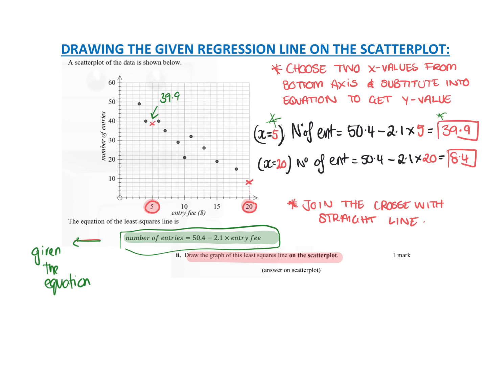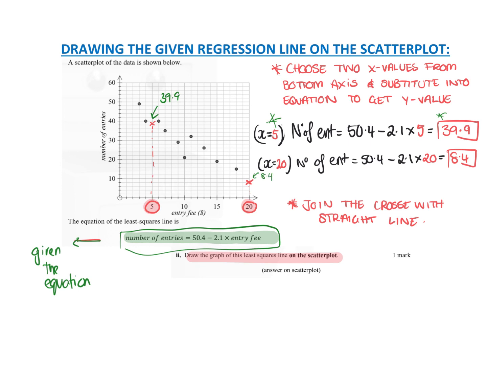When x was 5, I went up the 5 line and crossed it there. Then I picked another one, 20. It doesn't matter, you just need 2. I popped it into the formula, and when x was 20, we found it to be 8.4.